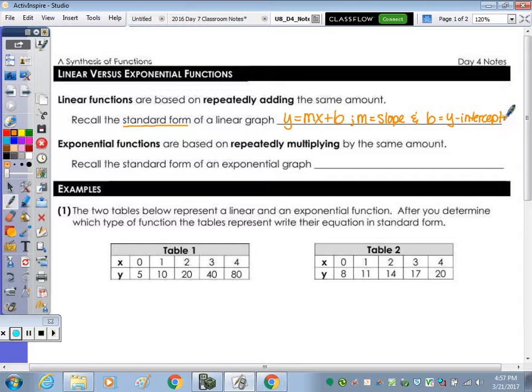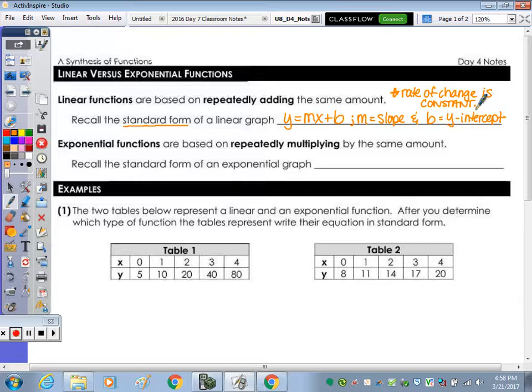The whole idea of repeatedly adding the same amount means your rate of change, or slope, is constant. Exponential functions are based on repeatedly multiplying by the same amount.